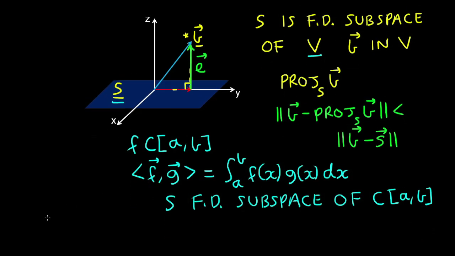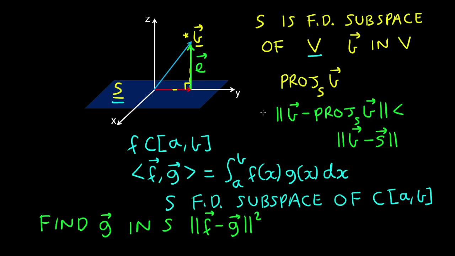then our problem involves finding a function g in the subspace S that minimizes the mean squared error. So that will be the squared norm of the difference between those two functions.